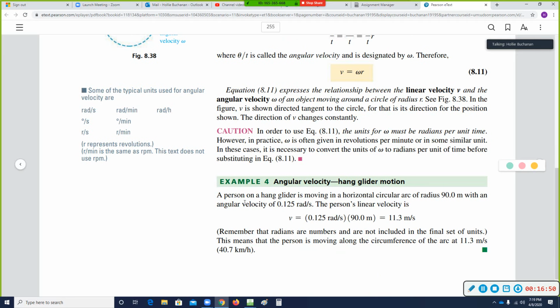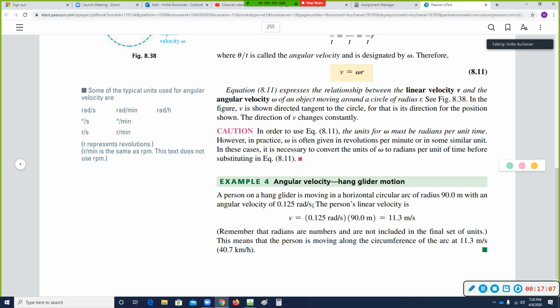So as an example, someone's on a hang glider moving in a horizontal circular arc of radius 90.0 meters, so 3 significant digits, with an angular velocity of 0.125 radians per second.